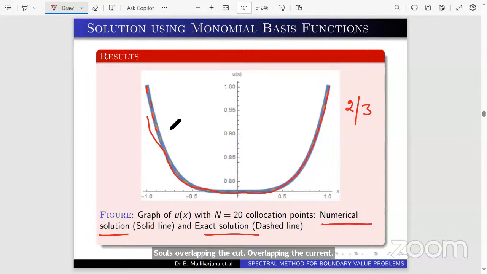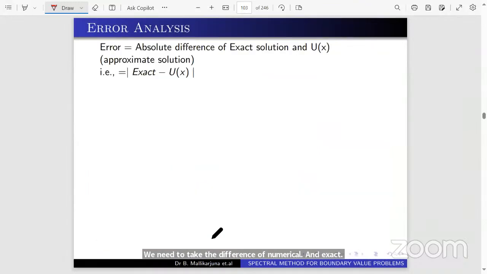We can't know exactly what the difference is, maybe a three, four, five or six decimal difference. We don't know. That is why we need to take the difference of the numerical and exact solutions, that is, the absolute difference of exact and approximation.